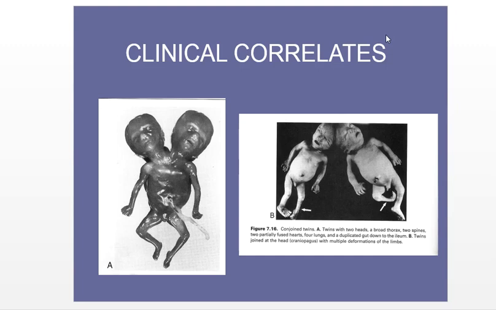Okay, and finally I want to talk about preterm birth or premature infants. This condition occurs in approximately 12% of births in the United States and is a leading cause of infant mortality and also contributes significantly to morbidity.